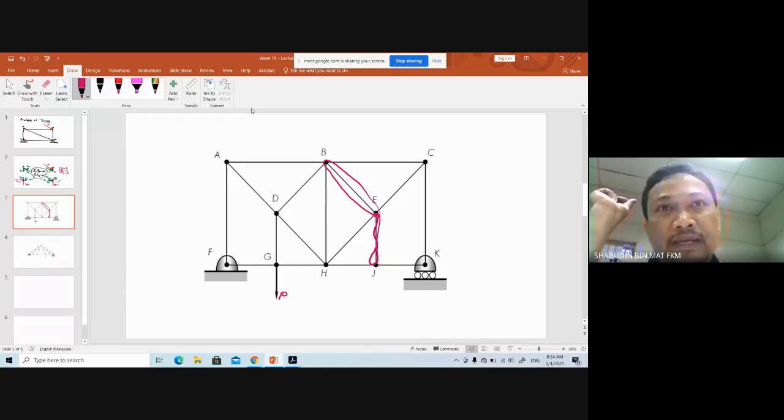Since you apply force P, GD is not zero. Are there any more zero forces? Tell me. Okay, good. So that one is zero. The force inside there is equal to zero.